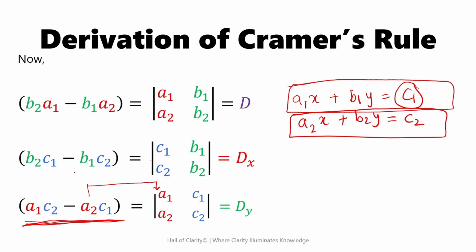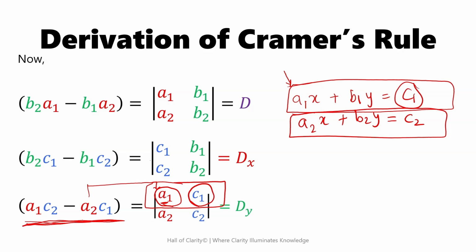See, this a1 will be written in this place, that is the first row, and c1 will be written in the first row but in the second column. Why? We all know that a1 and c1 belong to the same equation, therefore they will be written in the first row.